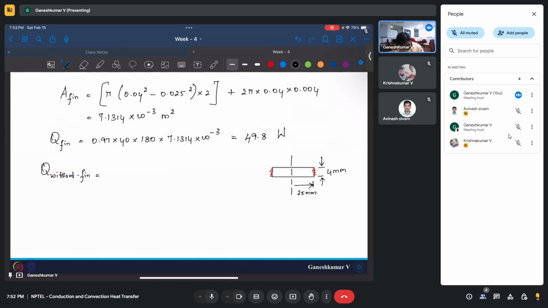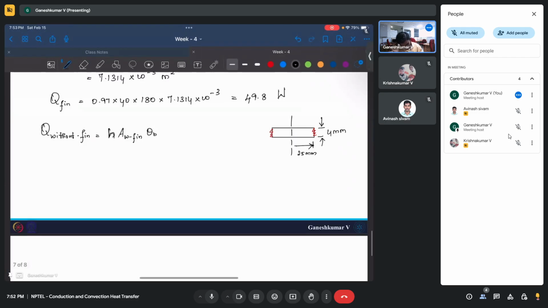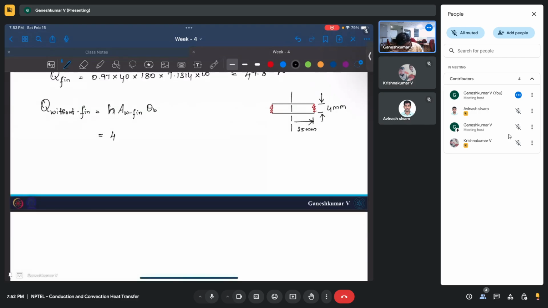So this is going to be h times area of the cross section, or in this case without fin, times theta b, which is going to be 40 times 180.